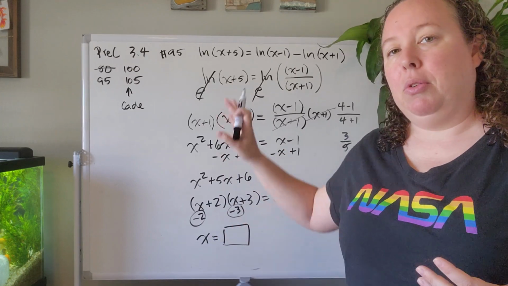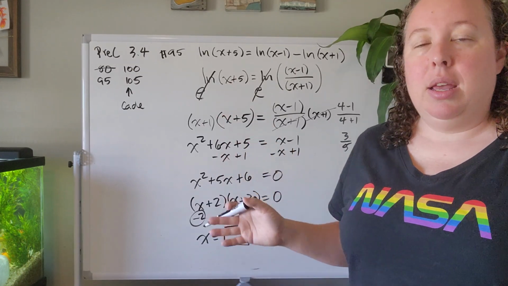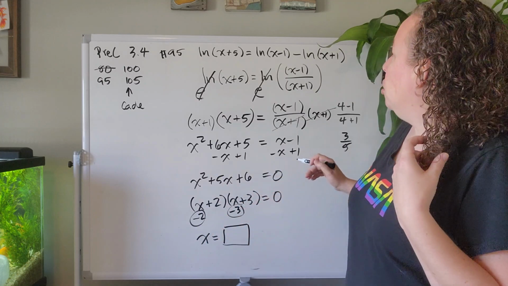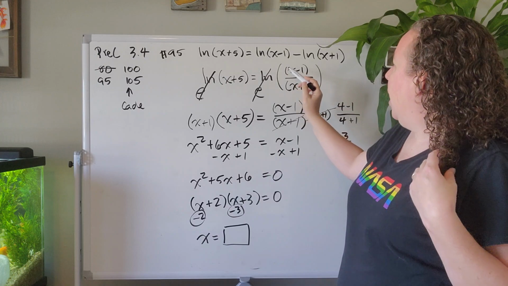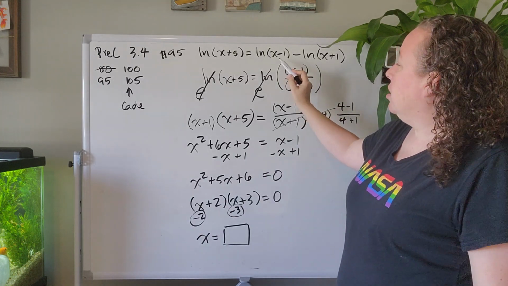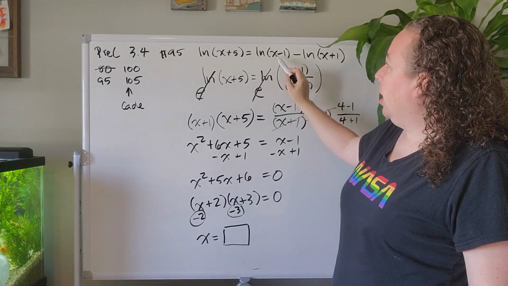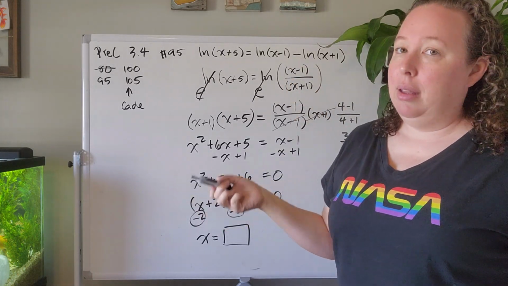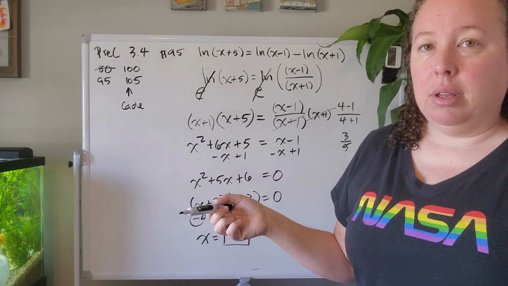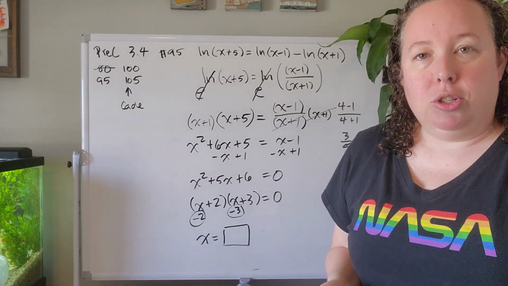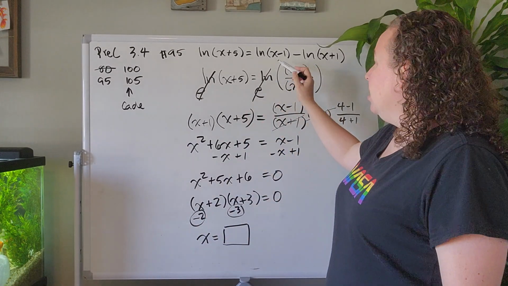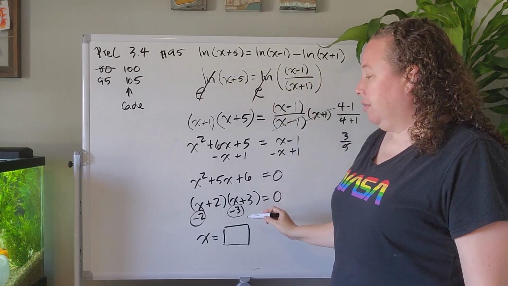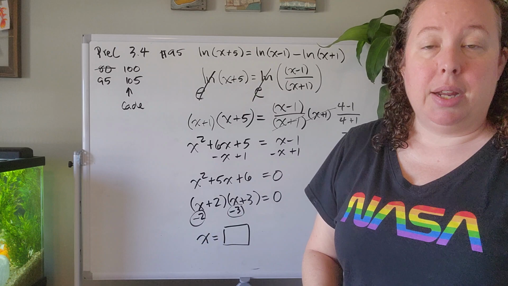Again, this can happen when we do a lot of steps like this in order to solve a fairly complicated problem. So we look back here and see, oh shoot, if we plug in -2 here, we're trying to take the natural log of -3. That's no good. Negative numbers are not in the domain of logs. Same with -3.